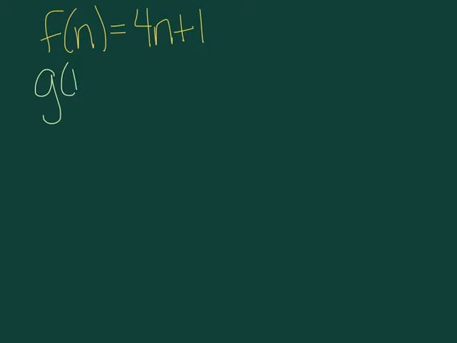These can take a minute to get the hang of, so let's do another one or two of these. Let's say that we have f of n equals 4n plus 1, and g of n equals 3n minus 2.